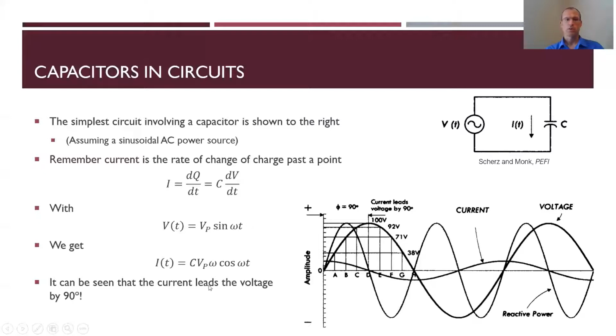So cosine leads sine by 90 degrees. So the current is going to lead the voltage. So in terms of my current, again, amplitude is generally going to be something smaller than the voltage, but it hits its peak 90 degrees before the voltage hits its peak.